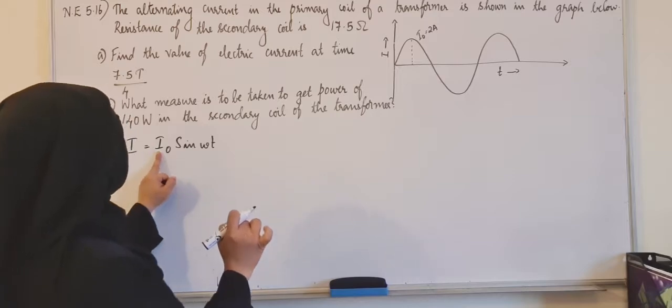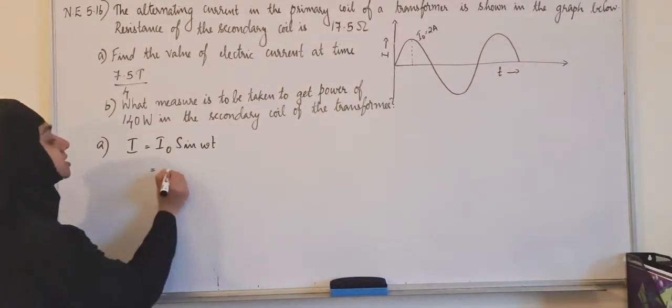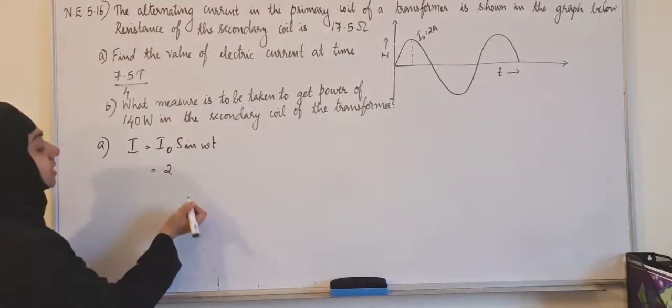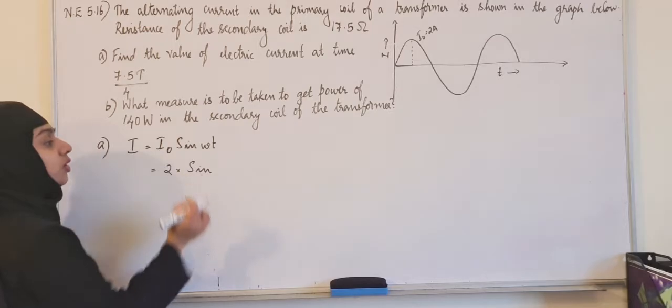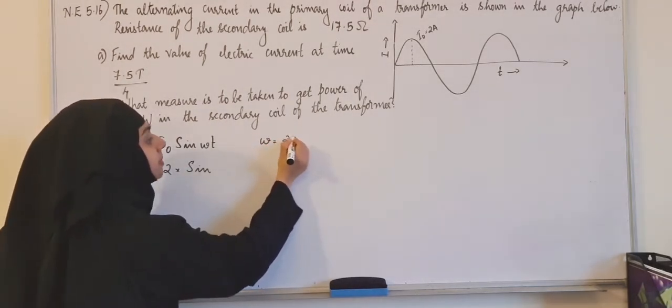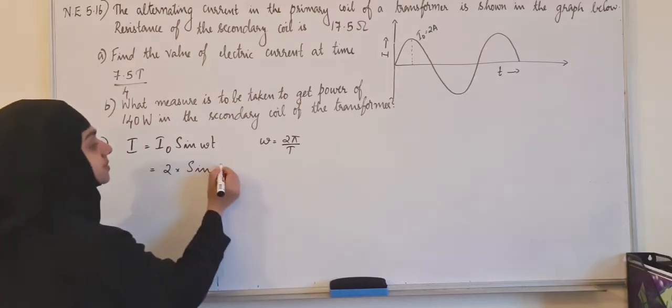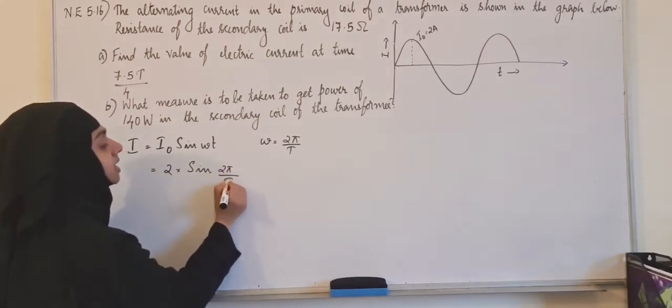The peak value of current I naught is given in the graph, so we can put it as equal to 2 ampere times sine. We know that omega is equal to 2 pi by T. So, I am substituting instead of omega 2 pi by T.